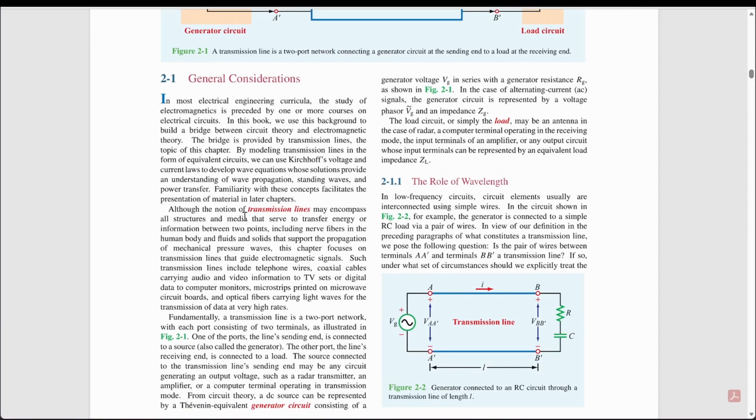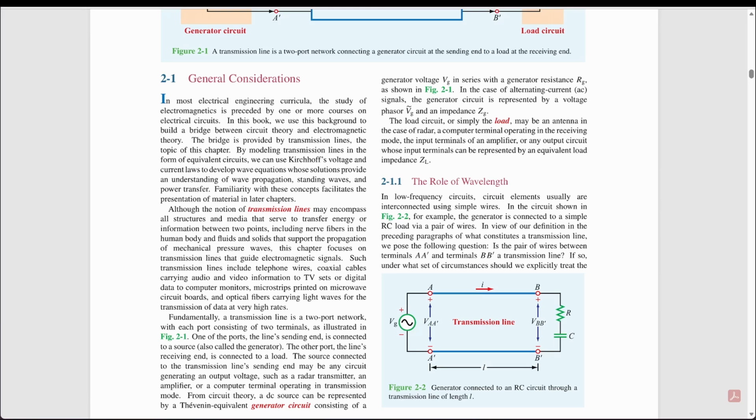Although the notion of transmission lines may encompass all structures and media that serve to transfer energy or information between 2 points, so it's a general term that includes nerve fibers in the human body and fluids and solids that support the propagation of mechanical pressure waves, this chapter focuses on transmission lines that guide electromagnetic signals.